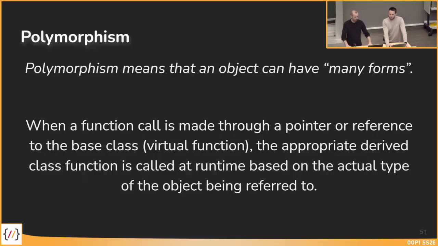Okay, so once again, a bit back to this polymorphism term. So this means that this object can have many forms or types, yeah? And whenever we call a function or a method from the base class, we need to make this virtual, and then the appropriate derived class function or method is called at runtime.